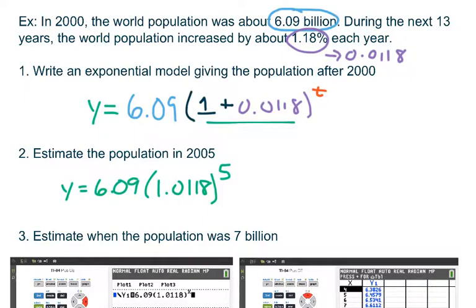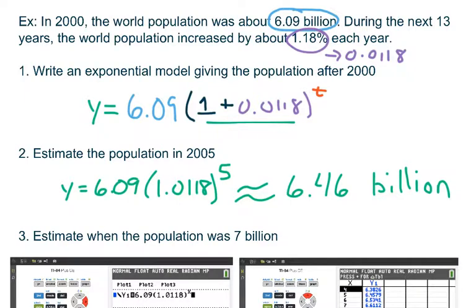The calculator will do the order of operations for you. Rounding to 2 decimal places, it's going to be 6.46, and this is in billions. So 6.46 billion people in 2005.